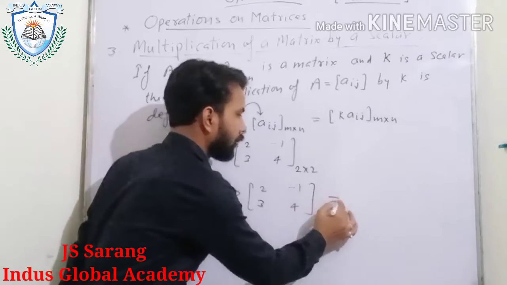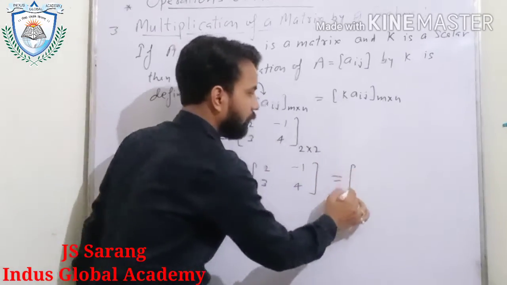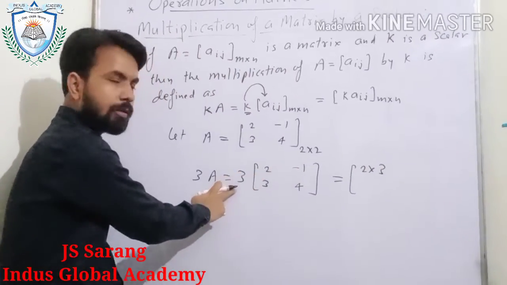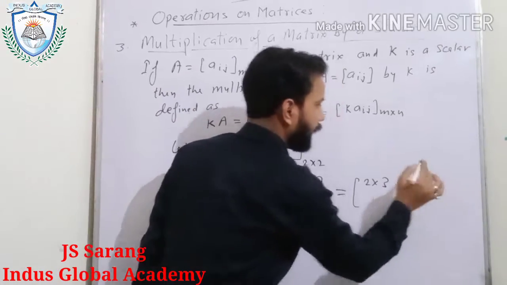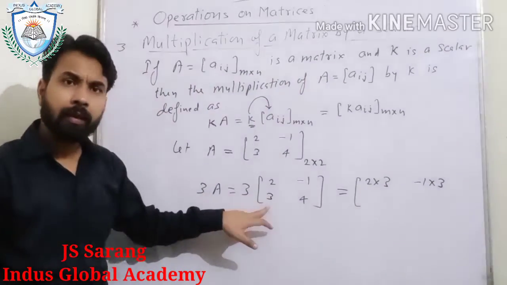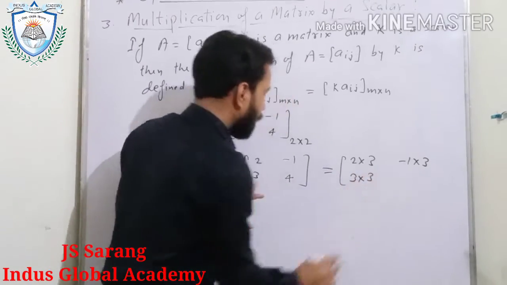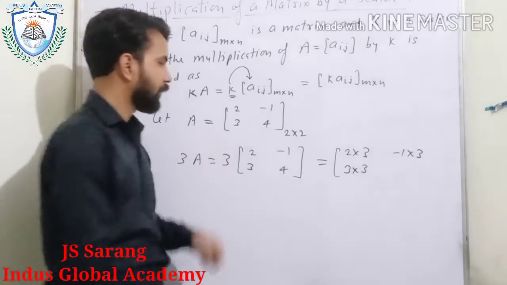How? This 2 is multiplied by 3, so it will be 2 into 3. Now this minus 1 will also be multiplied by 3, so it will be minus 1 into 3. Similarly, 3 is also multiplied by 3, and the last element of this matrix is 4. This is also multiplied by 3.